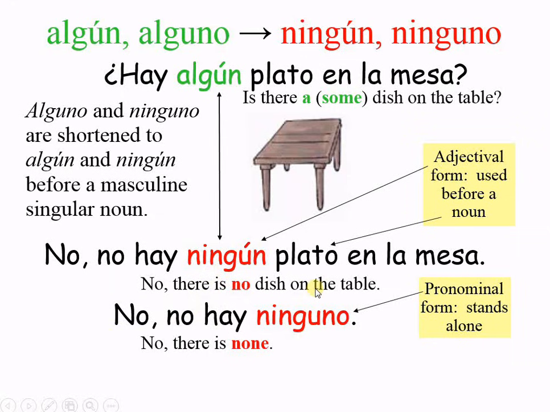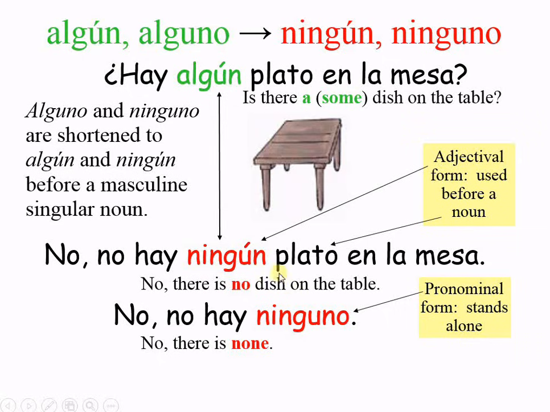I could say the same thing using ninguno. So I say no hay ninguno. In this case, I don't say ningún because I don't have any noun right after it. So for that same question, ¿hay algún plato en la mesa? I could have two different answers.